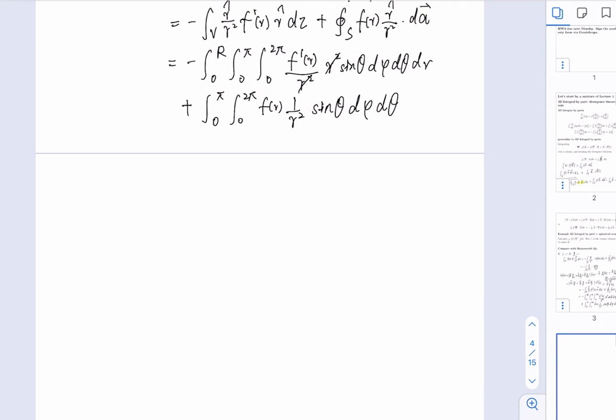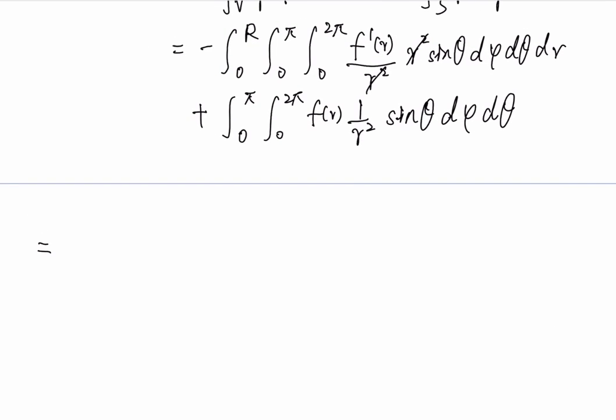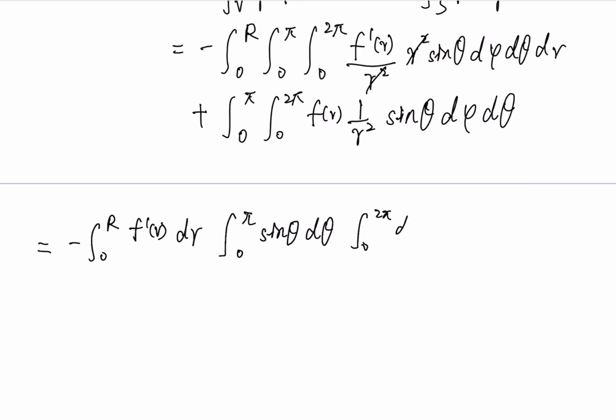And now let's continue the calculation. So the first term gives, if we simplify the second and third integral, the r squared on the bottom is already left, and f prime r is integrated over r, and we can separate out the integral of theta, and this phi.